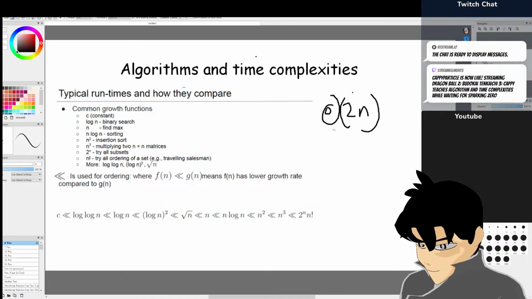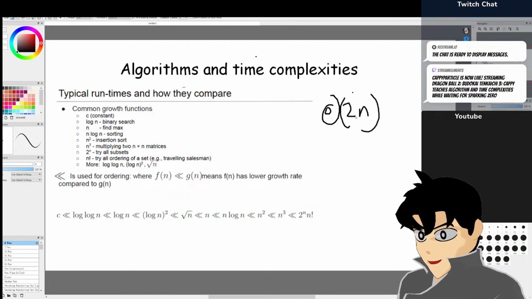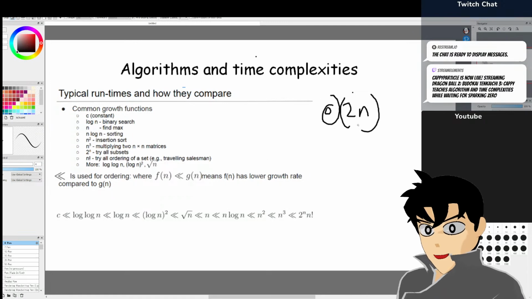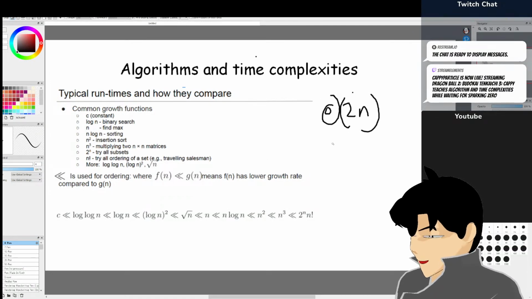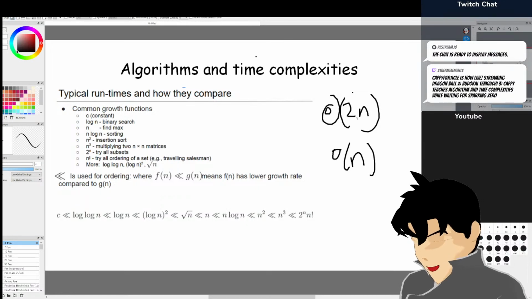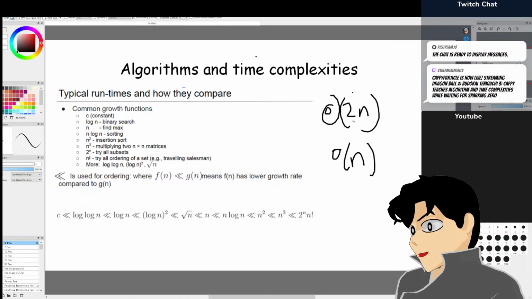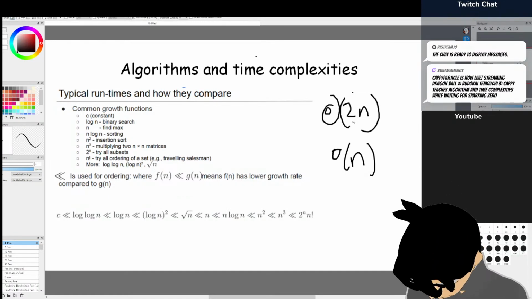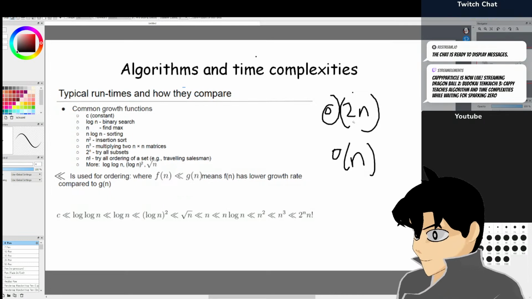Turned it back on. So typically with constant time, it generally doesn't matter how you do it. Usually you reduce it down from 2n to just O of n, because the constant you can just ignore, because it doesn't make a huge difference in the long run when it comes to time complexities.